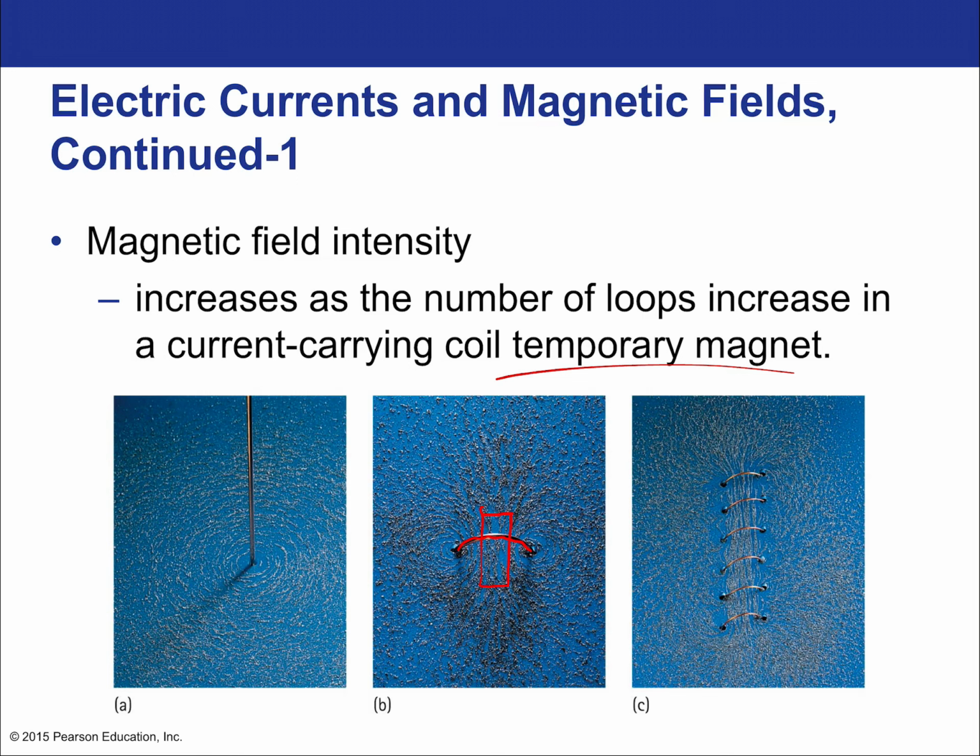If you put a lot of loops, almost like the binding on a notebook, you can have a very well-defined region inside of those loops where the magnetic field is functionally uniform. Then the magnetic field cancels out outside of the loops, so you have a region of very weak magnetic field immediately outside the loops. That's what's called a solenoid, also just called a magnetic coil.